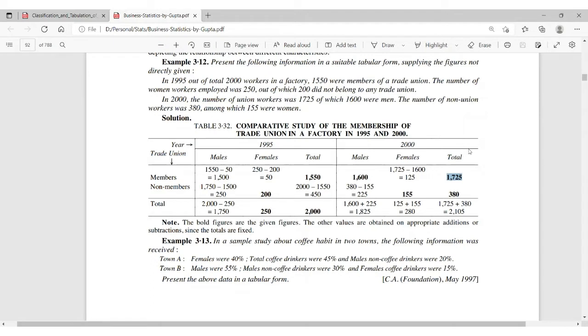Of which 1600 were men. So 1725 minus 1600 comes to be 125. Got it? Is it clear? Yes, sir. Got it. Good.